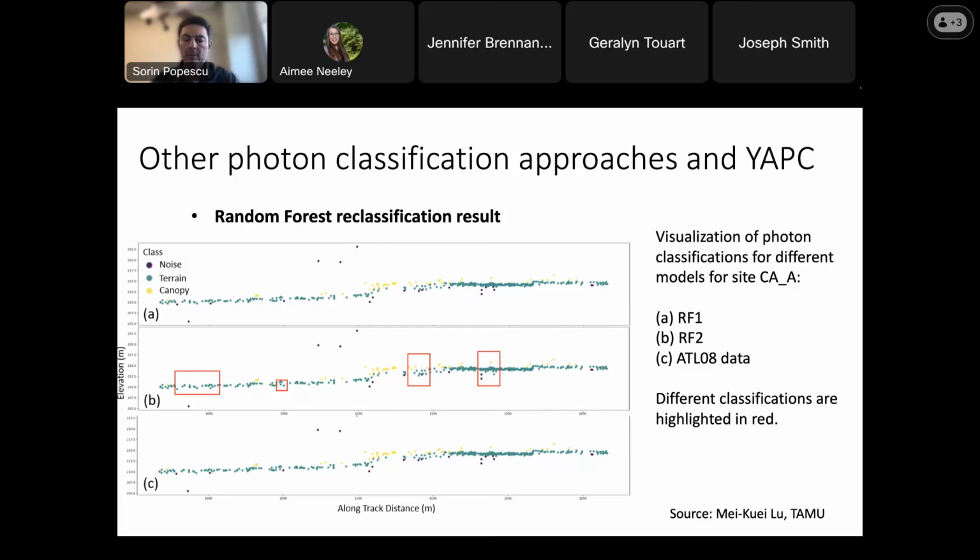Once we have the ATL08 product with classified photons, we can actually refine those classes through some machine learning approaches, which is something pursued by one of my PhD students, Mei Lu, here at Texas A&M University.